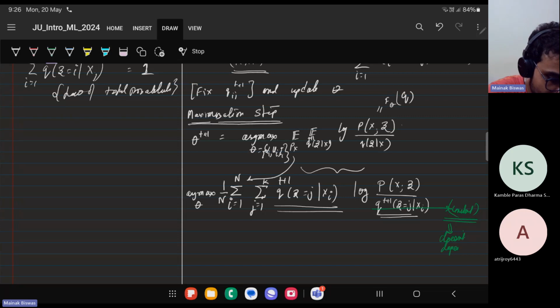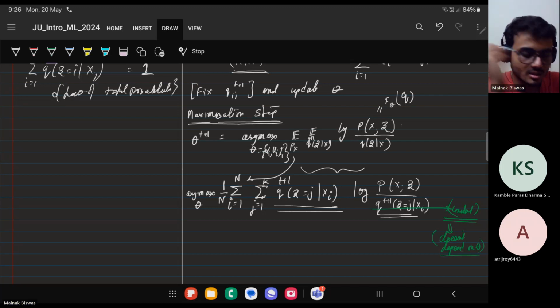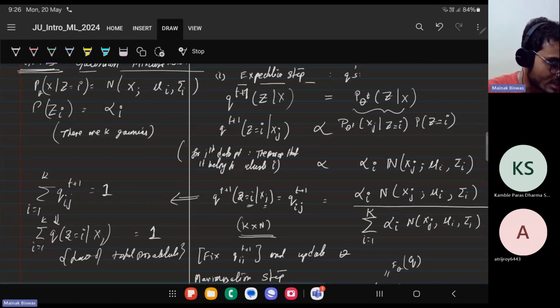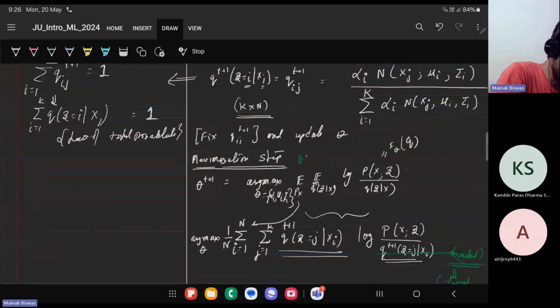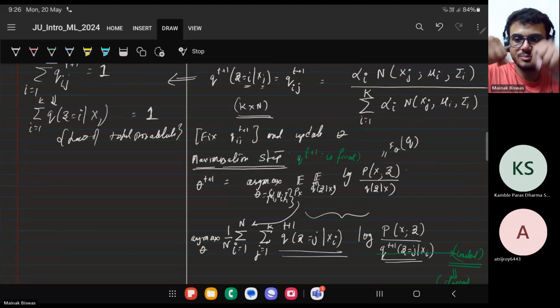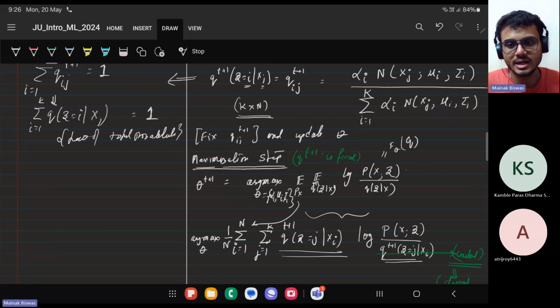Does it depend on theta? Mu is also not there, sigma is also not there, alpha is also not there. We're going to fix it, right? When we start the maximization step, the variational distribution is fixed. That's how we had seen how they are climbing hand in hand, right? If that is fixed, it's a constant.